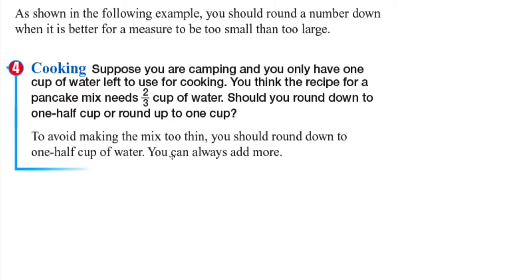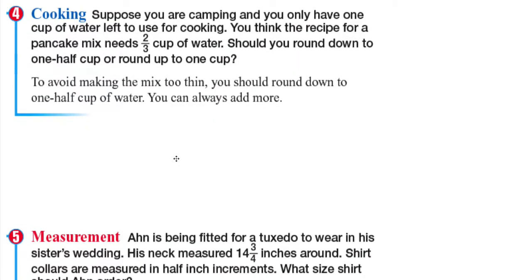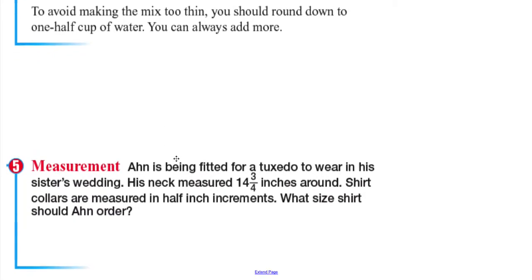You can always add more, and this is where the logic comes in. You can add 1/2 a cup, and then if you need more water, you can add more. The problem is if you round up and add a cup of water, you cannot take out water anymore once it is in the mixture. So a lot of that answer came from basic logic.